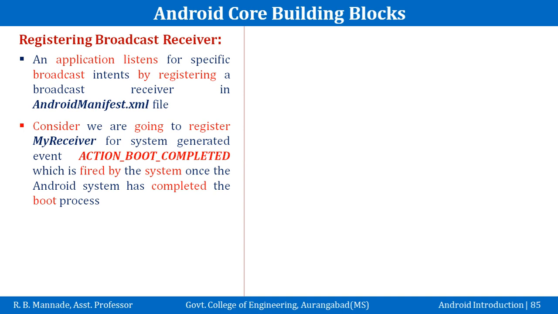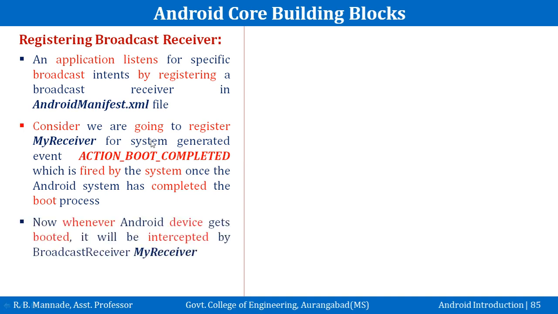This process is called the boot process. And whenever this process is completed, the Android operating system broadcasts a message called ACTION_BOOT_COMPLETED. Suppose we are going to register our user defined broadcast receiver, myReceiver, for this particular system generated event.